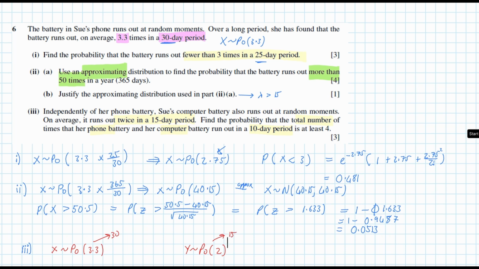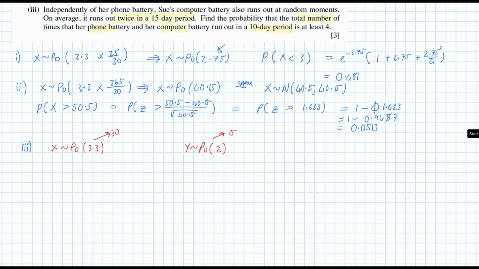We want both of them in a 10-day period. So to get this one to a 10-day period, we're just going to divide by 3, so we can say this is going to be 1.1. For Y, we go 2 times 10 over 15, or 2/3, which gives us Y is Poisson 1.3 recurring, or 4/3.